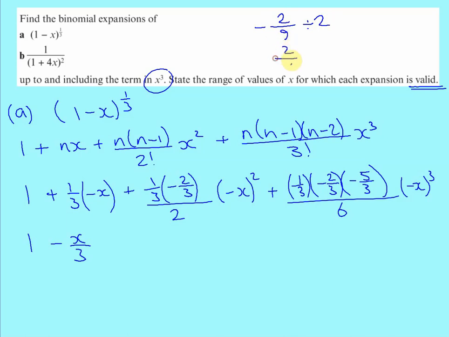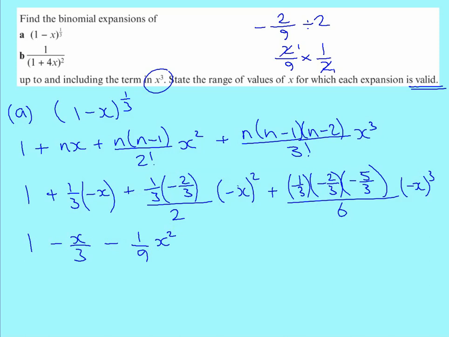Well, that's the same as 2/9 times by a half. And you can see what's going to happen is I can cancel these out to be 1s. So we actually end up with 1/9, or half of 2/9 obviously is 1/9. But we've got a positive and a negative, so we're actually going to get minus 1/9 of x squared. Yeah, this is going to be positive.